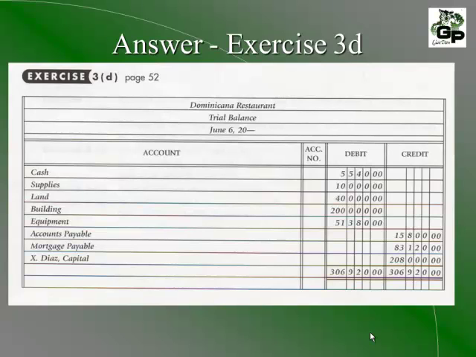The credit balance accounts have theirs listed in the credit column. When we total all the debits, we get an answer of $306,920. Similarly, we get the same answer underneath the credits. If your trial balance has this answer in both the debit and the credit column, you did this 3D perfectly.